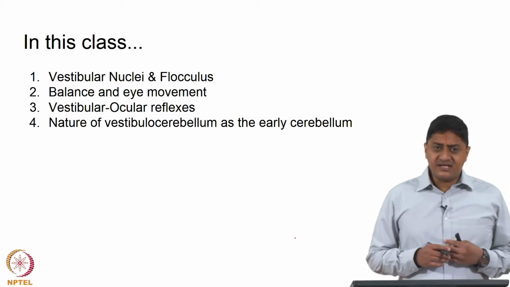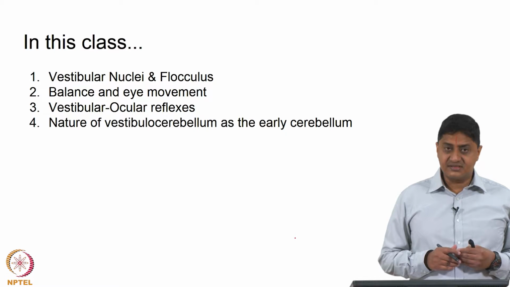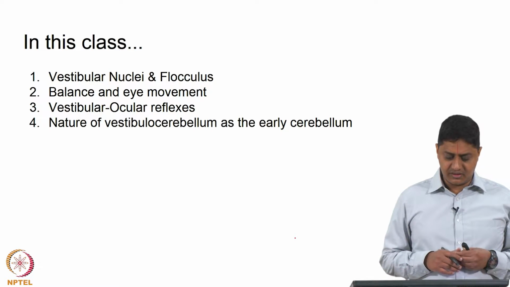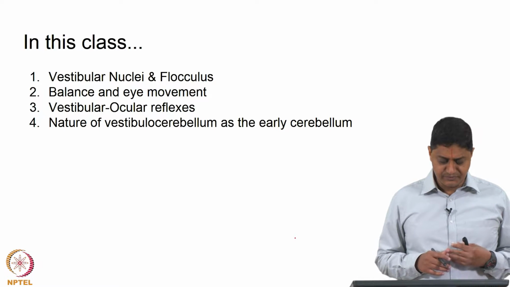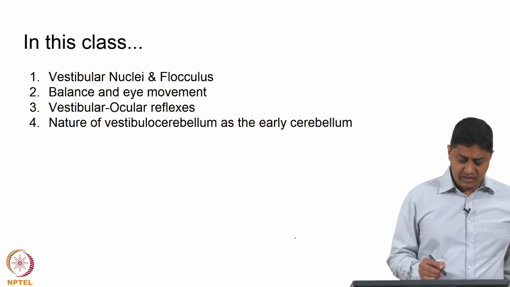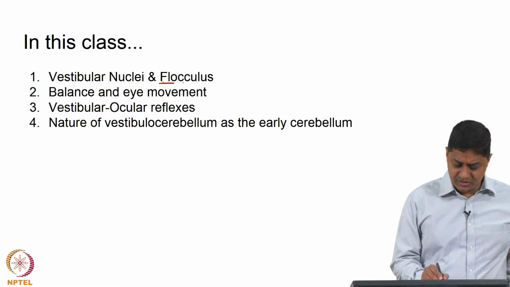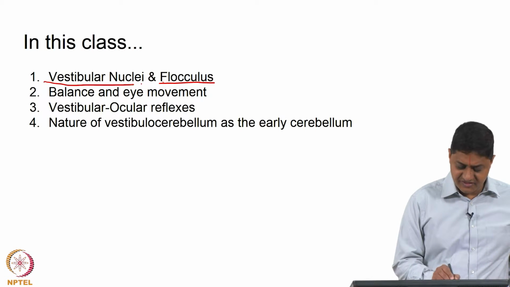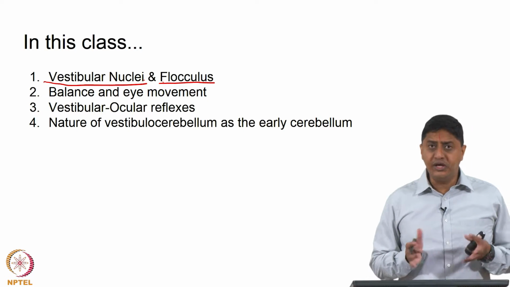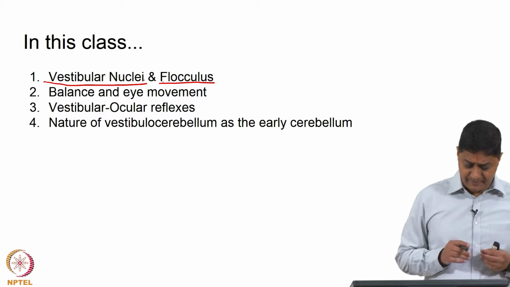In this class we will be discussing the vestibular cerebellum or flocculus and nodulus, or the floccular nodular lobe, and how flocculus and nodulus receive input from the vestibular nuclei and how they output to the vestibular nucleus, a unique feature of the vestibular cerebellum.